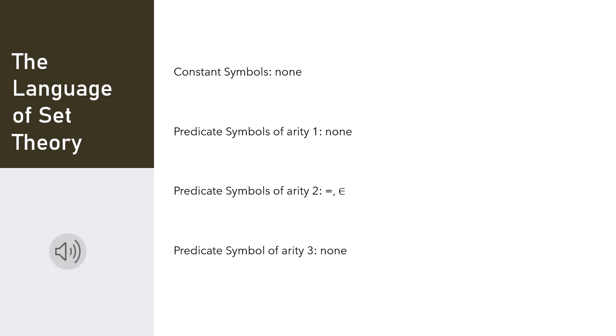But notice that means that in our current setup, there are no atomic sentences for us to consider because we don't have any terms at all. So there's nothing for us to even sort of reference.